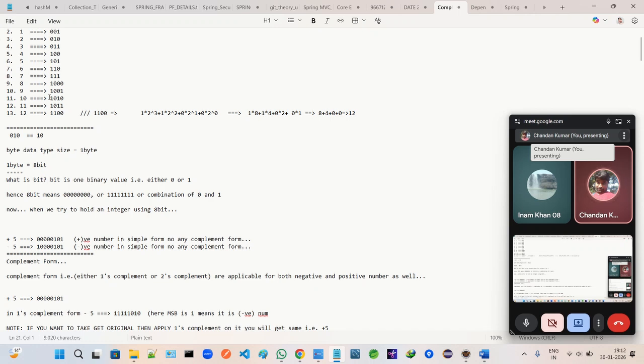Only 4 bit is sufficient to hold or represent the decimal value 10. But in a programming system the minimum size is 1 byte, meaning 8 bit. It means in 8 bit this value 10 will get represented as 1010. How will it get represented?